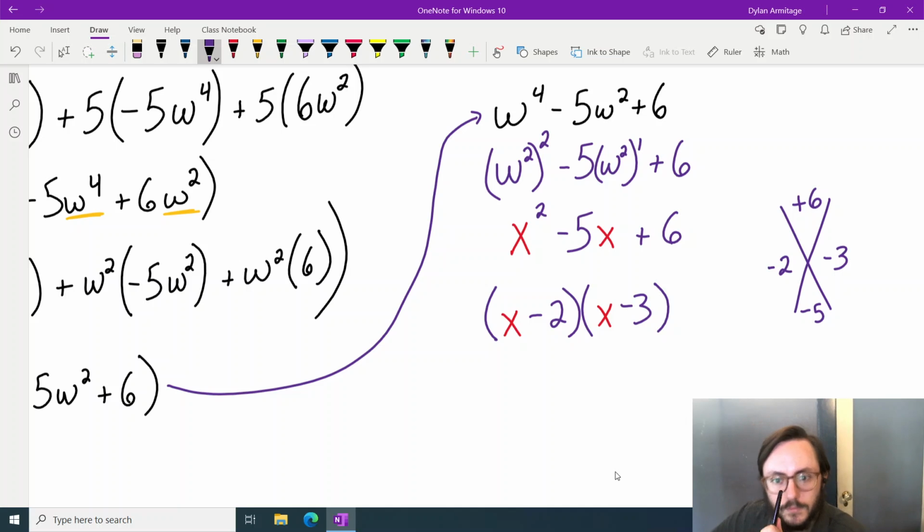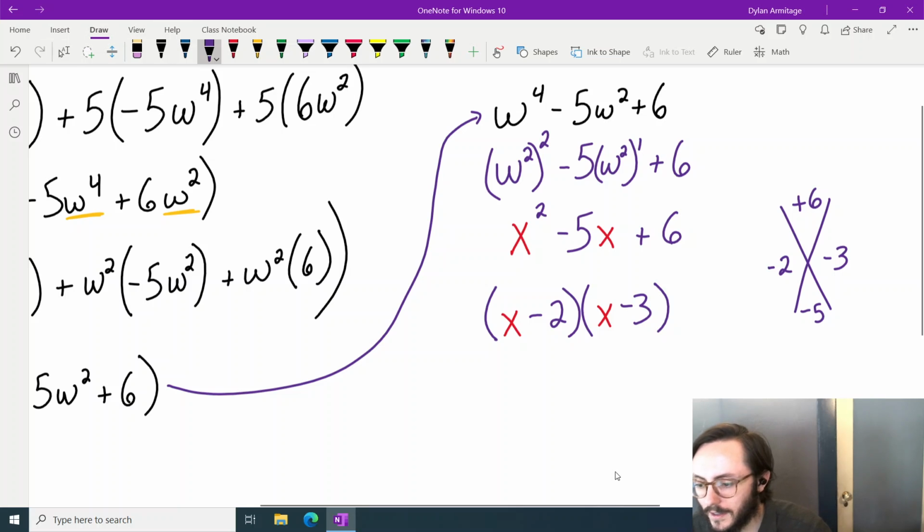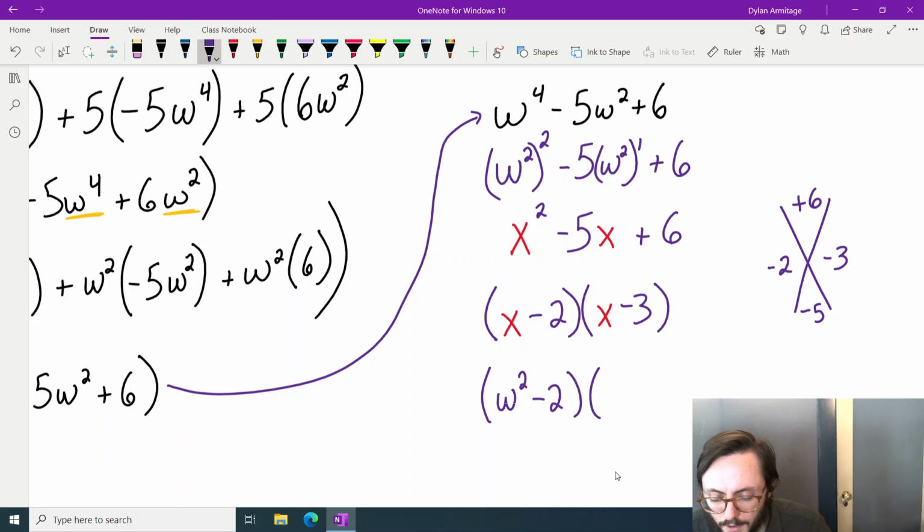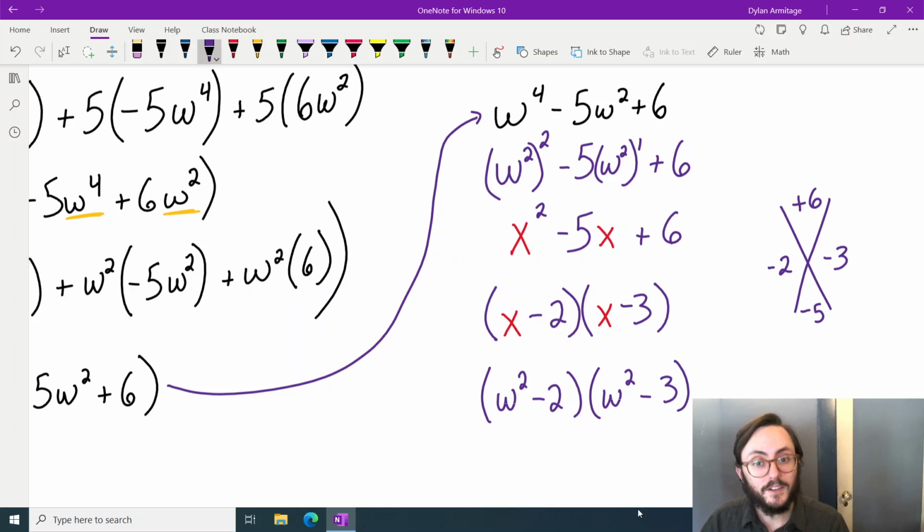Now at this point, we've technically factored it. But what was x? We didn't have x in the original equation, we had w. Well, what did x stand for? x stood for w squared. So w squared minus 2, w squared minus 3. We have factored this one.